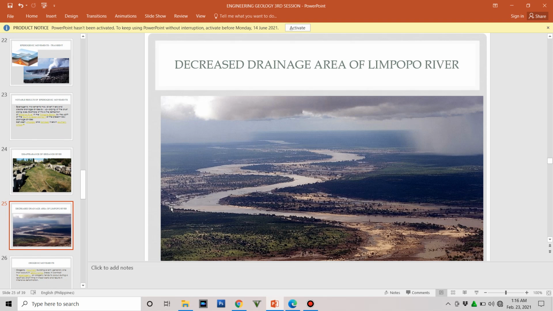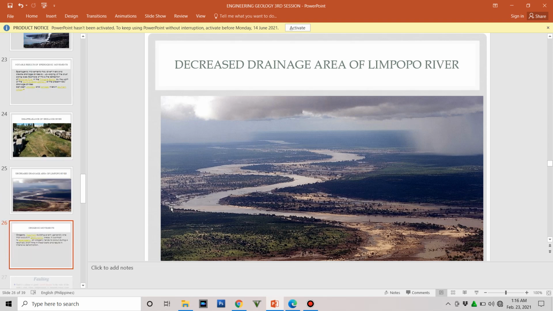So the change of the drainage divide is the result of a EPEIROGENIC movement that uplifted the surface north of present-day Limpopo River. So yung north portion, tinaas niya. That is why there is a decreased drainage area of the Limpopo River. So, diverting waters in Zambezi River. Okay.